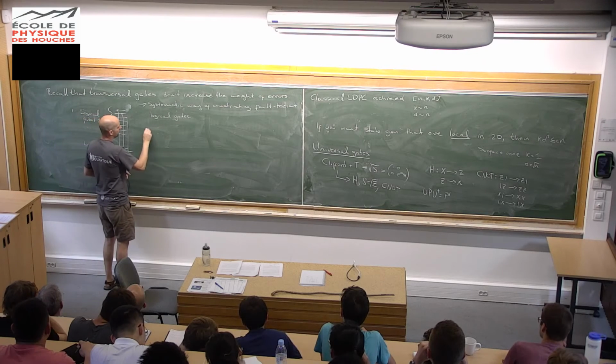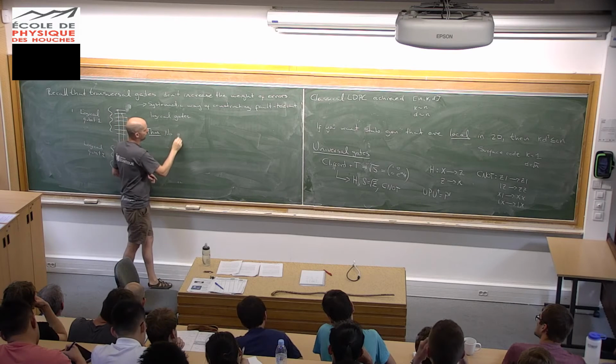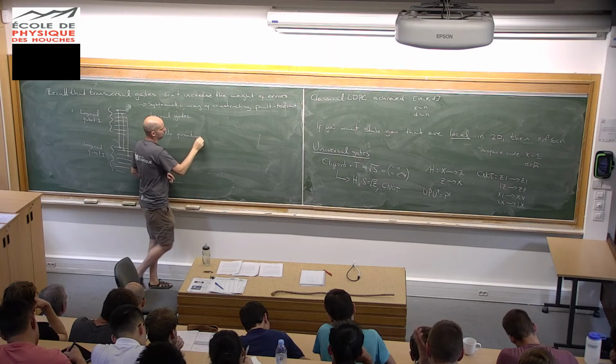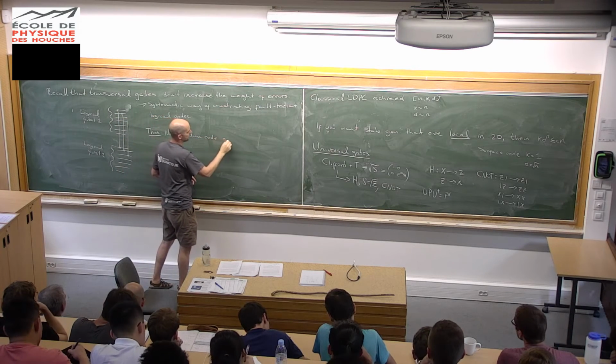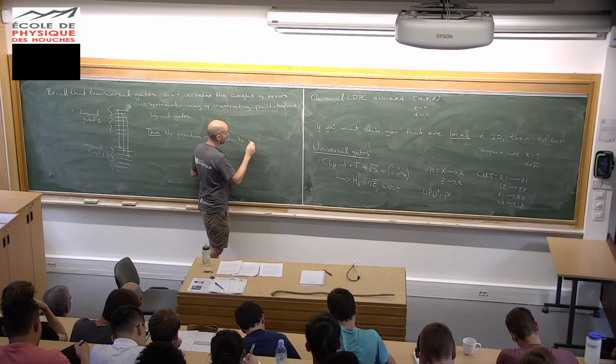There's a theorem: no quantum code admits a universal set of transversal gates.